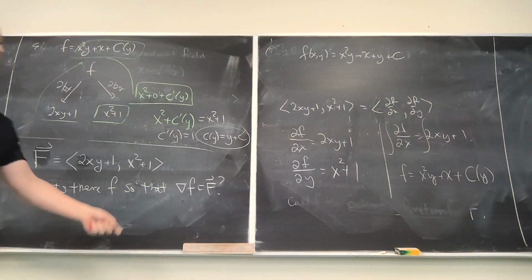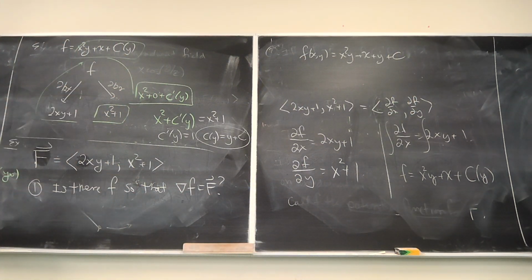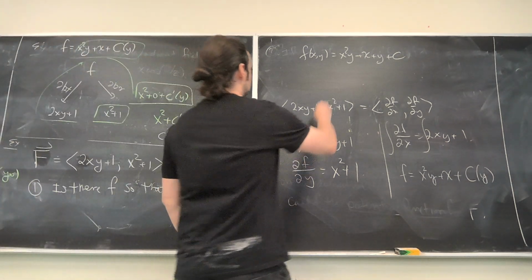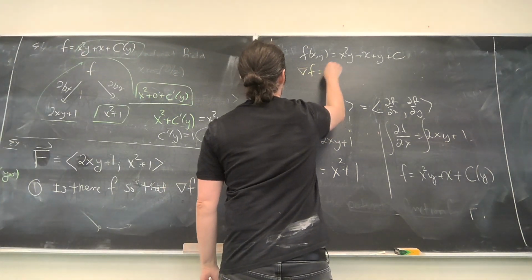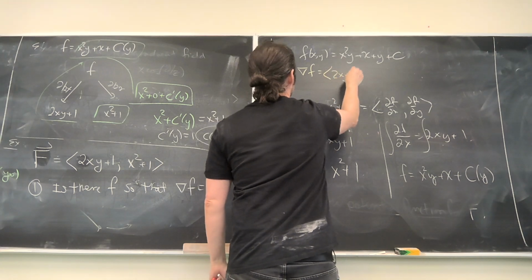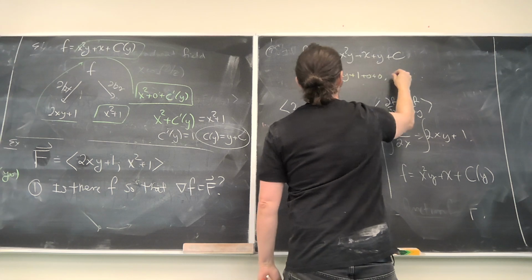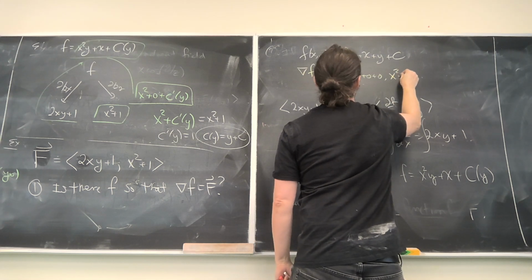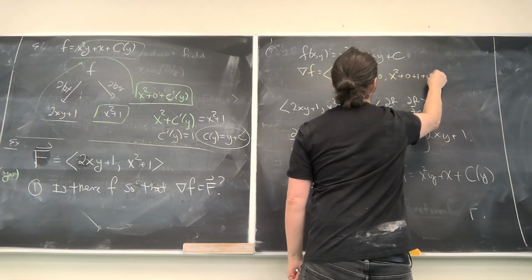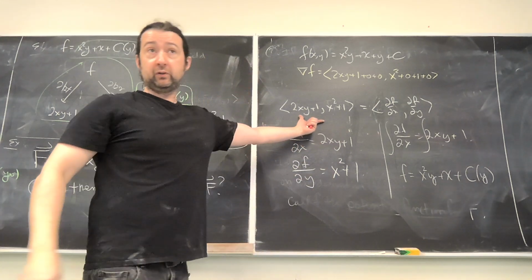And then you can just check, is df dx equal to 2xy plus 1? The gradient of f is equal to 2xy plus 1 plus 0 plus 0. And then the derivative with respect to y is x squared plus 0 plus 1 plus 0, which is exactly the field that we started with.